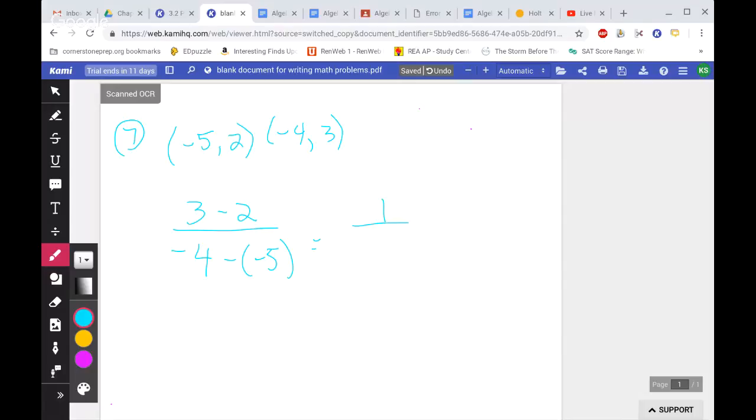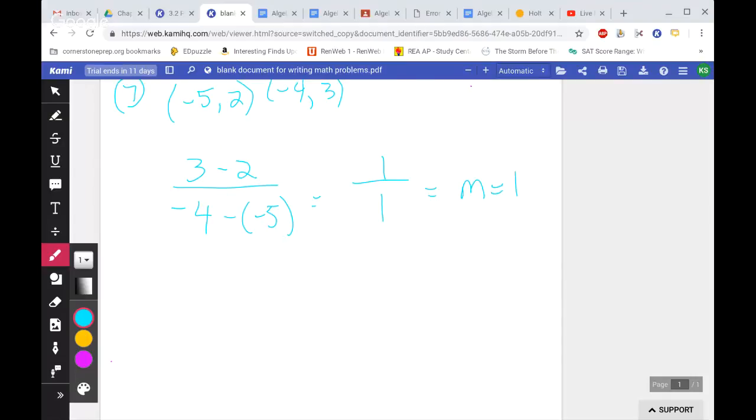So 3 minus 2 is 1. Negative 4 plus 5 is 1. So my slope is 1. And you would actually have a couple of options for this one, because everybody might pick a different point for the point slope equation.